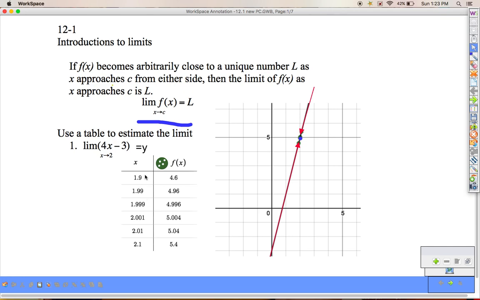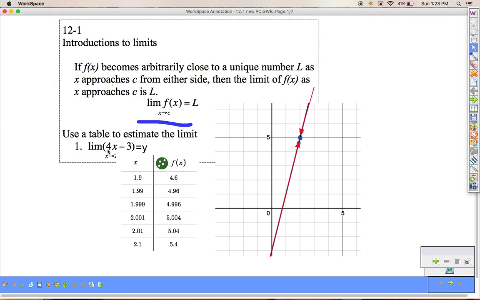I want to go from 1.9 to 1.99 to 1.999, getting closer and closer. If you wanted to go further, you could go 1.9999999 and keep going. That's approaching it from the left side. Now from the right, we're going to do the same kind of steps: 2.1, 2.01, 2.001.